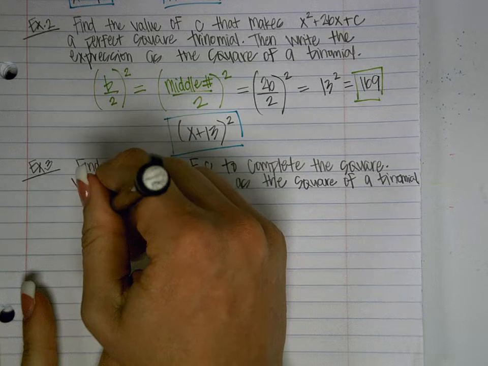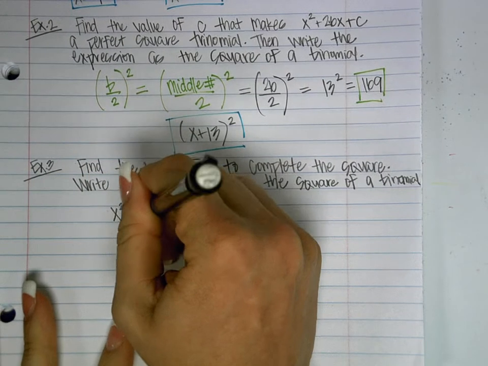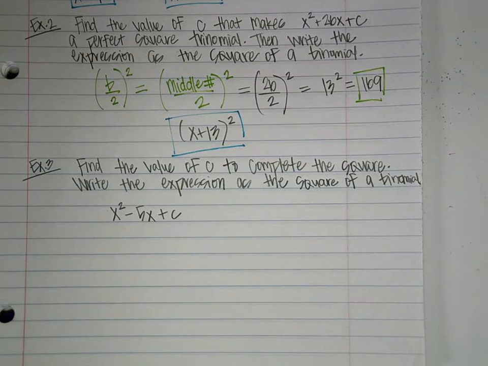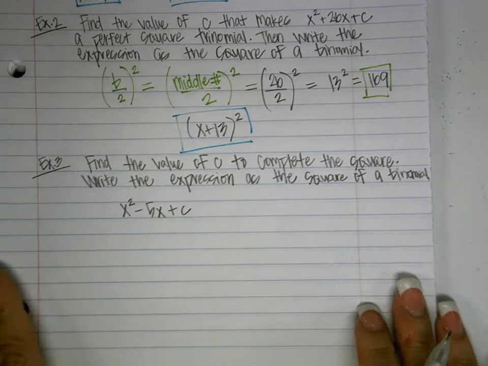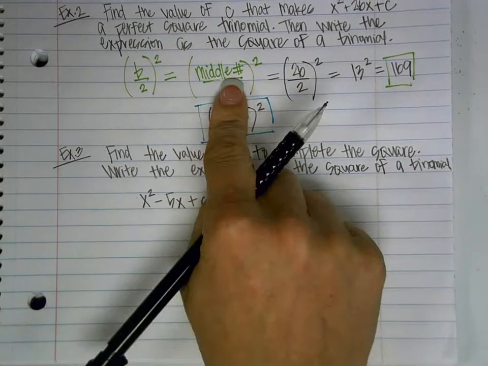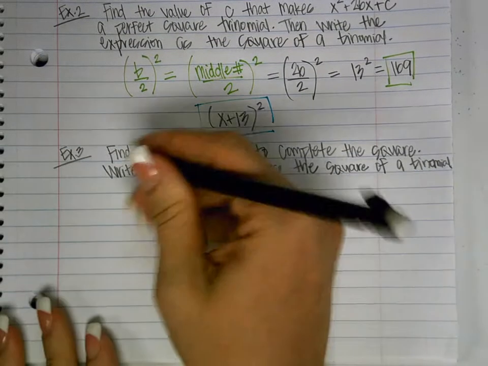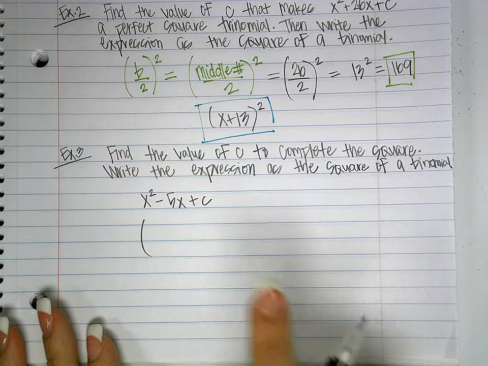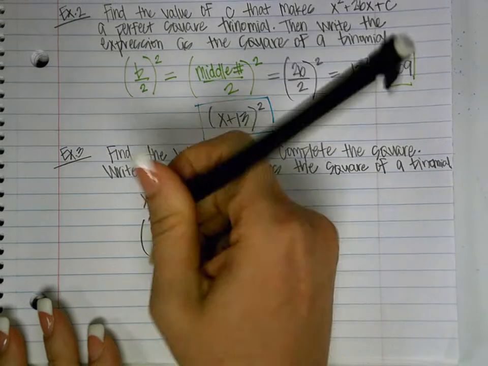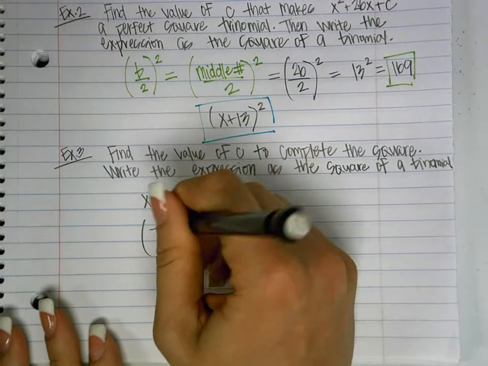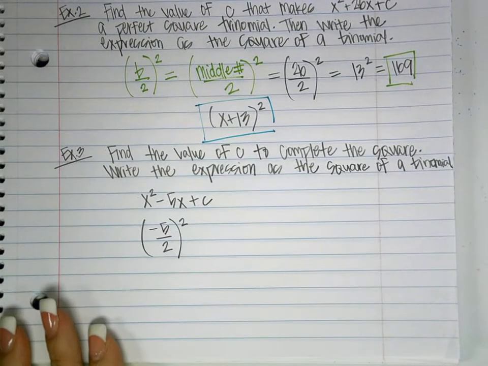If I gave you the expression x squared minus 5x plus c, I'm going to use that same formula here. Middle number, or b, divided by 2, quantity squared. So my middle number here is what? Negative 5. So negative 5 over 2, quantity squared.